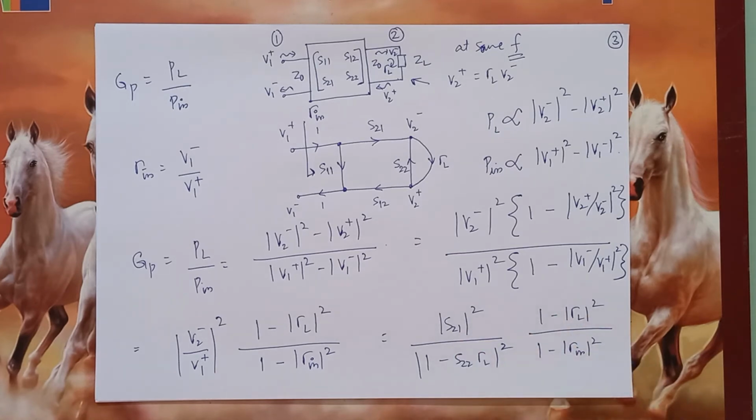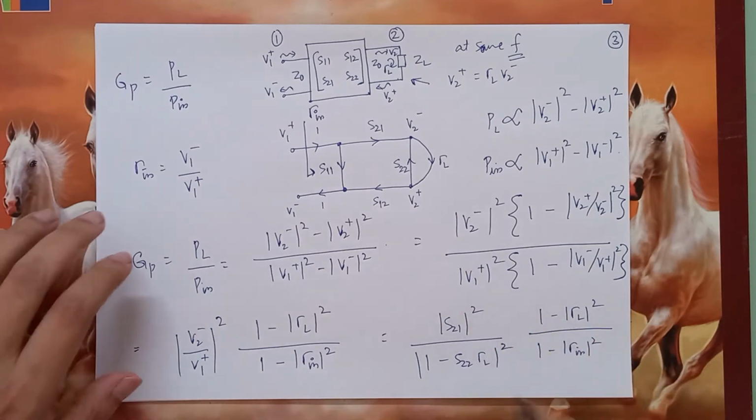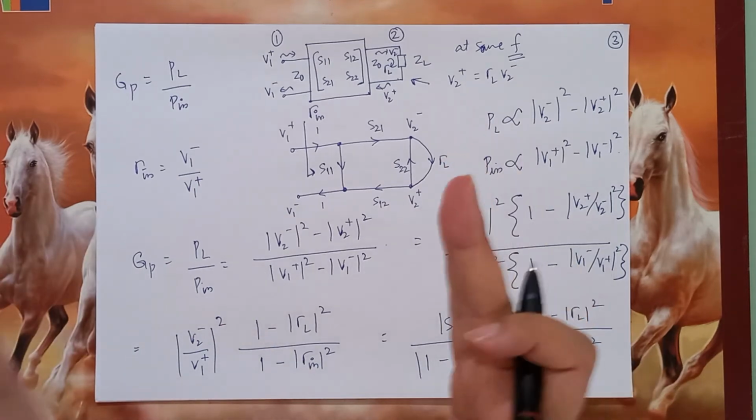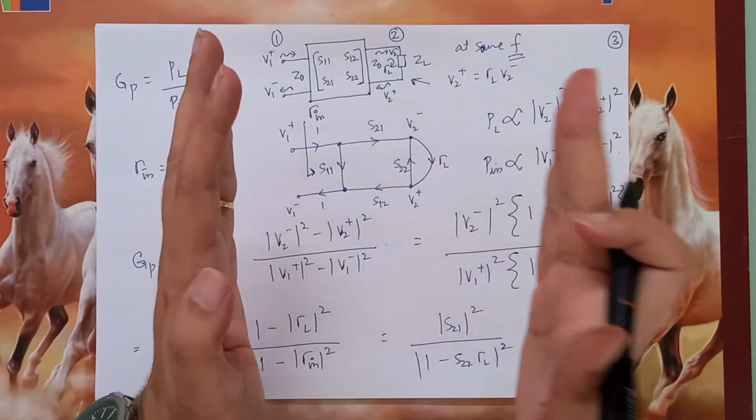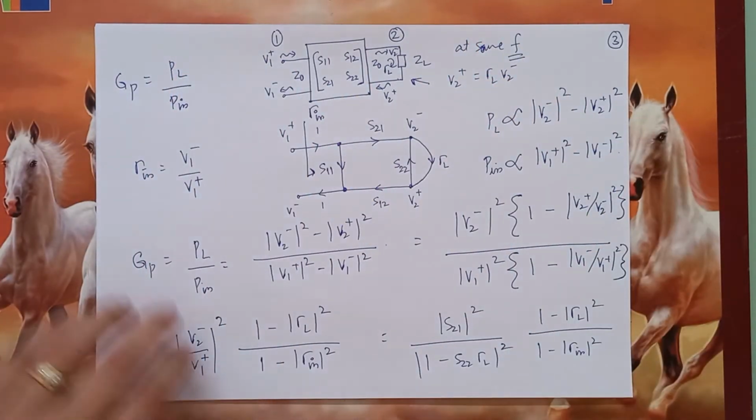Let us write this in a slightly different way. Since there are so many terms, we will write some terms for the source side, some terms for the MMIC, and some terms for the load side.